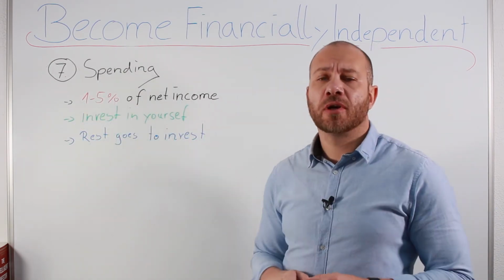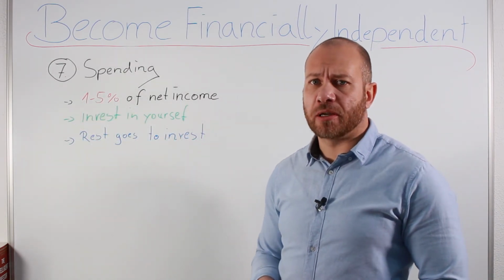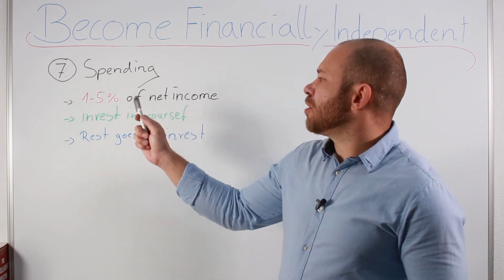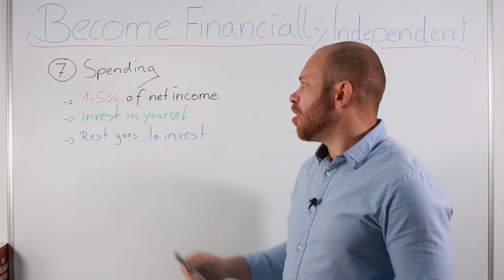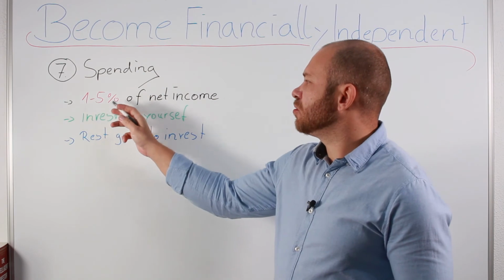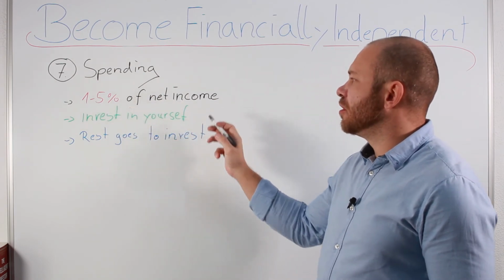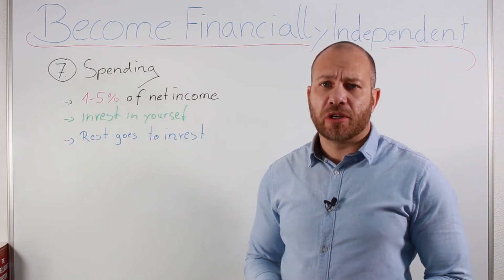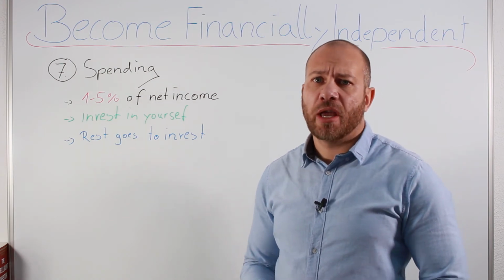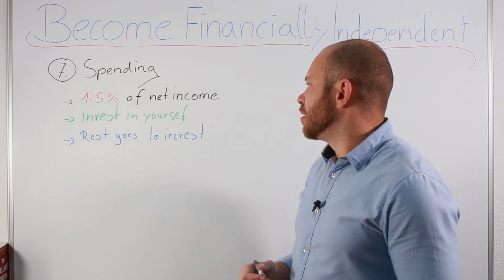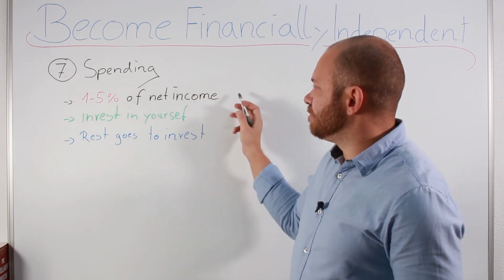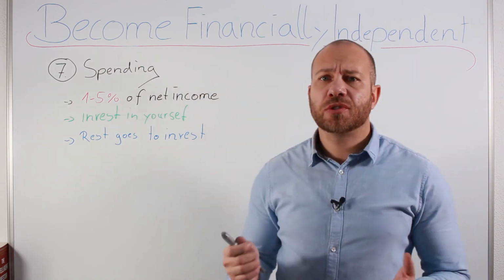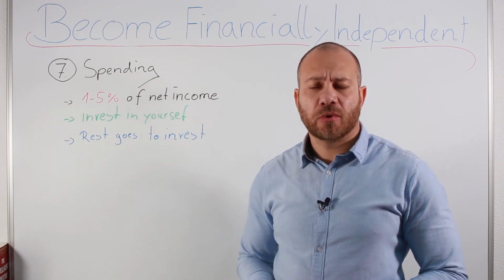In the seventh step, let's talk about spending. What I want you to try is only spend 1 to 5% of your net income in things you want to buy for yourself, okay? And not more. The rest of the money, please use it to invest in yourself, okay?